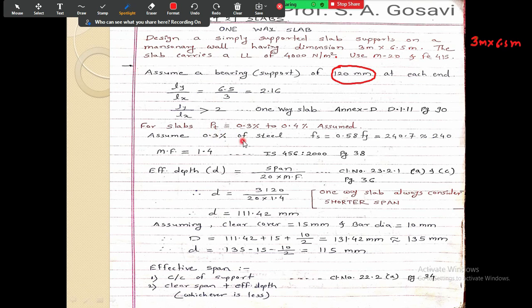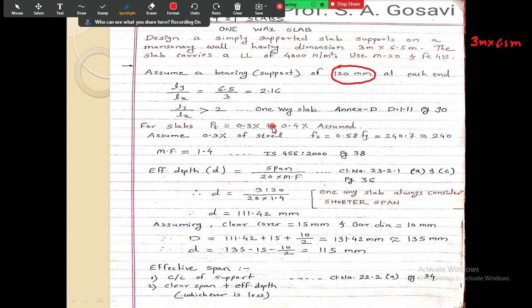For slabs, the percentage of steel is generally a thumb rule. Again, I am going to tell you, it is not a compulsory rule and it is not given in any IS code. But after the design of so many structures, there are some thumb rules in our construction industry, and this is one of them.